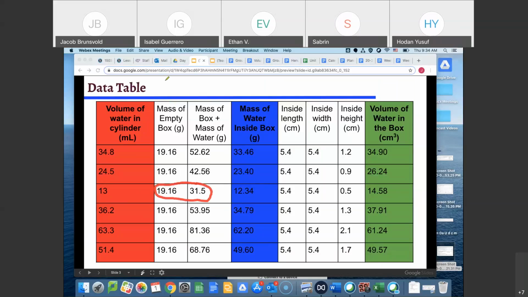That's just 31.5 grams minus 19.16 grams. And that will give us 12.34 grams. Is everyone good on how we calculated the mass of the water inside the box? We're just subtracting these two values.